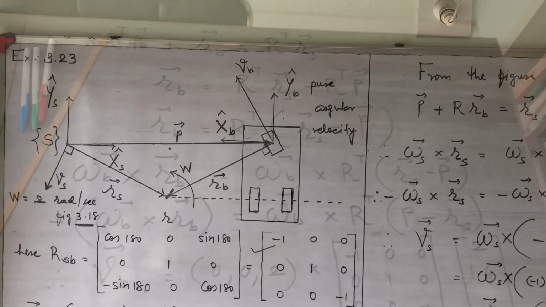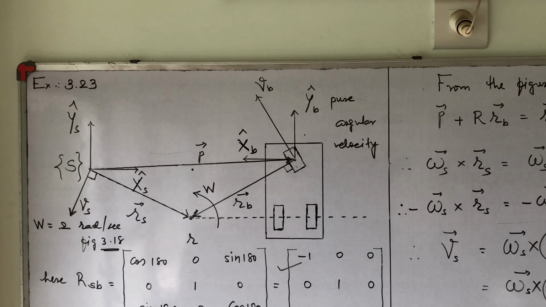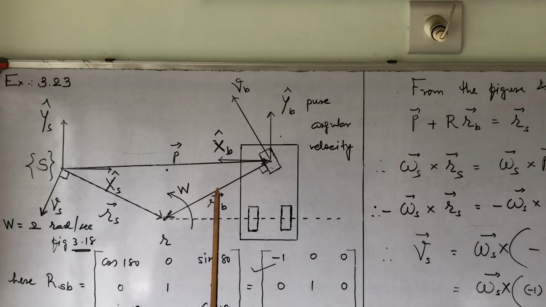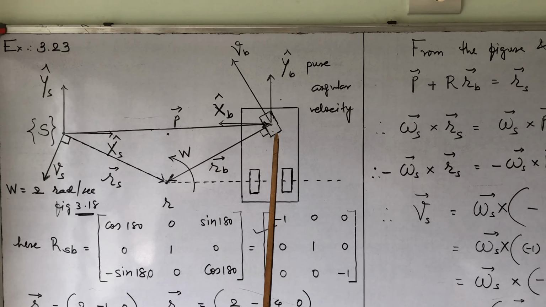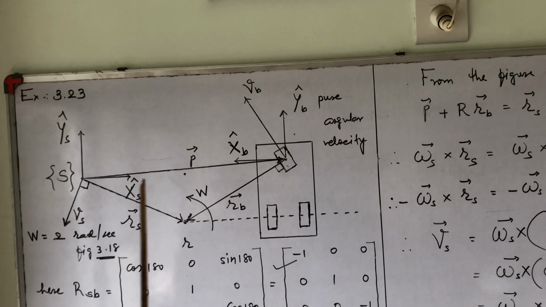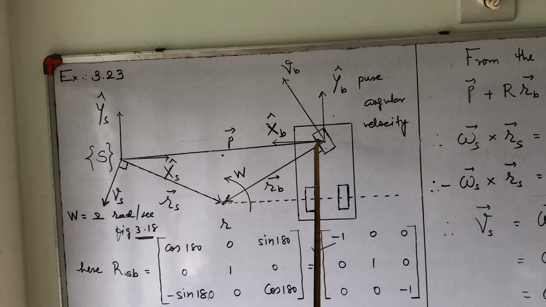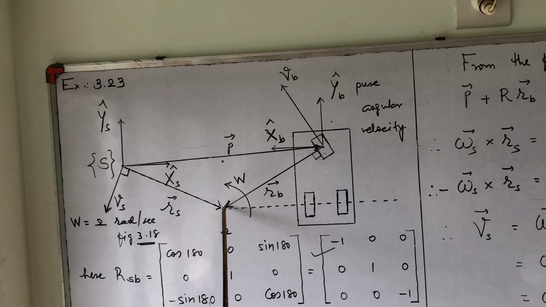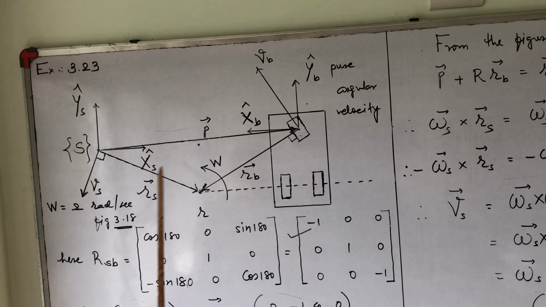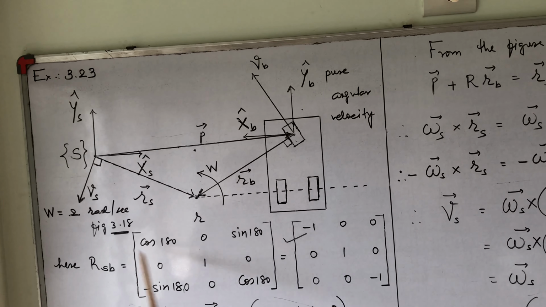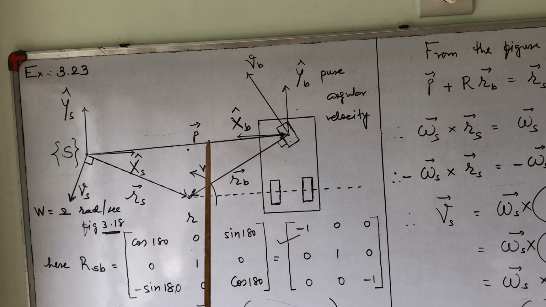Now see the figure. Now we will obtain the VB, that is velocity of the body frame origin in B frame. This one is P vector expressed in S frame, this one is RB vector expressed in B frame, and this one is RS vector expressed in S frame. But we want B frame, so this we want to convert into B frame.